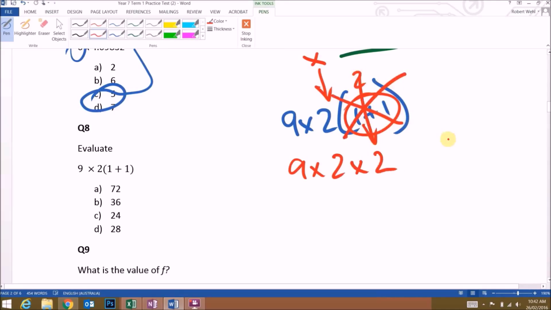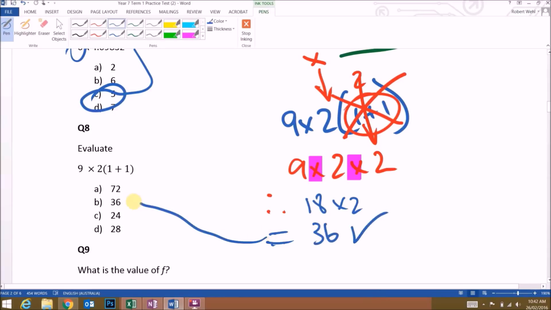Comes down here to that 2. We can bring that multiplication sign down as well. We have 2 lots of multiplication, so we just work left to right. 9 times 2 is 18, times 2, equals 36. So B is the answer.